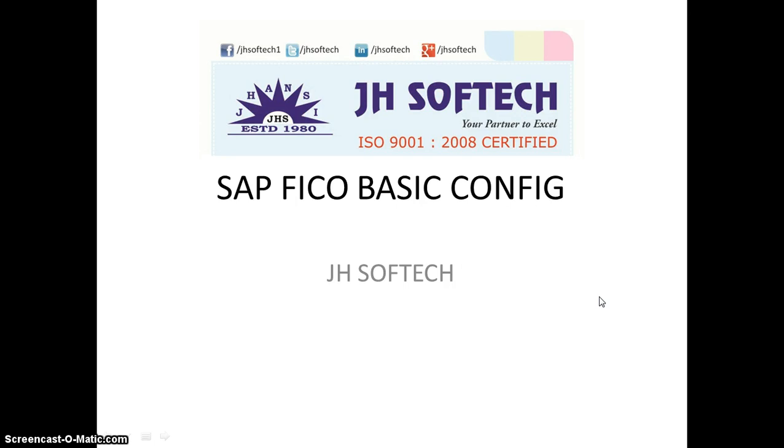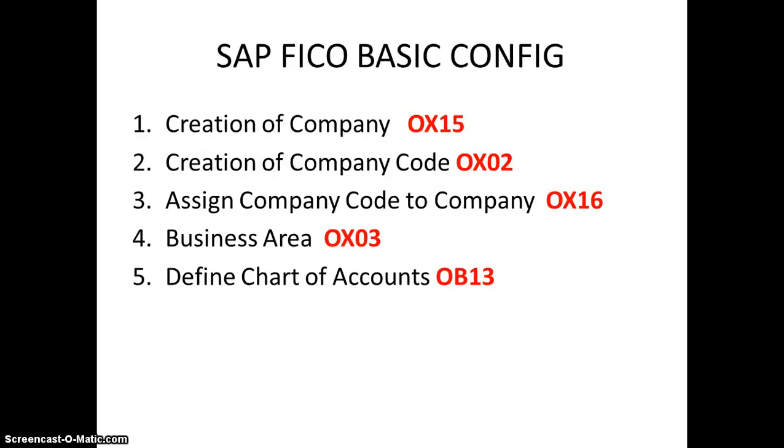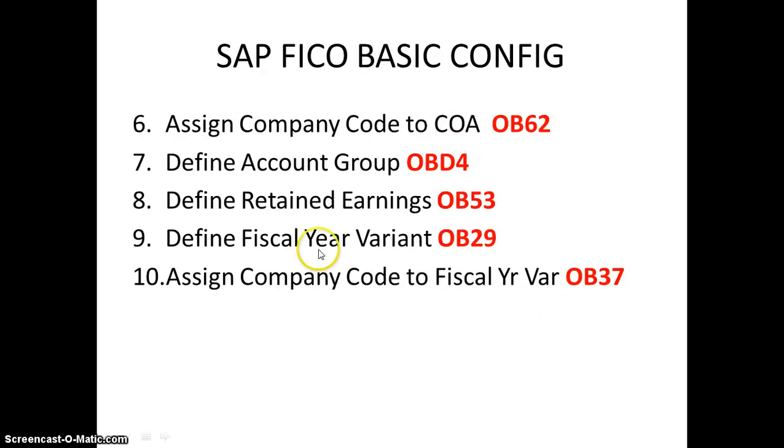Hi all, Aditya here from JL Softech. In this session we are going to do a couple of GL settings. We have already done a couple of settings. In this, retained earnings is what we need to do yet. Fiscal year variance. Retained earnings we are going to do after creating the account groups.